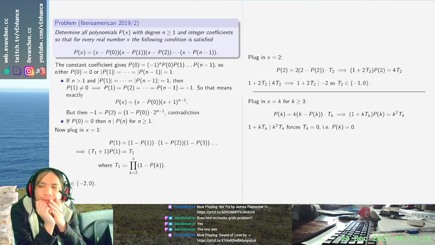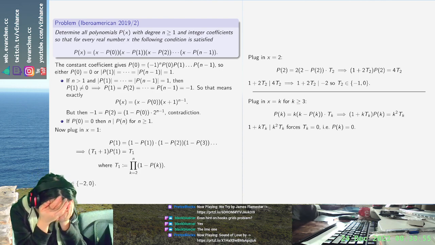Like, for example, if n equals 4, and you want to juggle 0, 1, 2, 3 with p0 equals 0, well, 3 is forced on... P of 1 can't... Wait, okay.